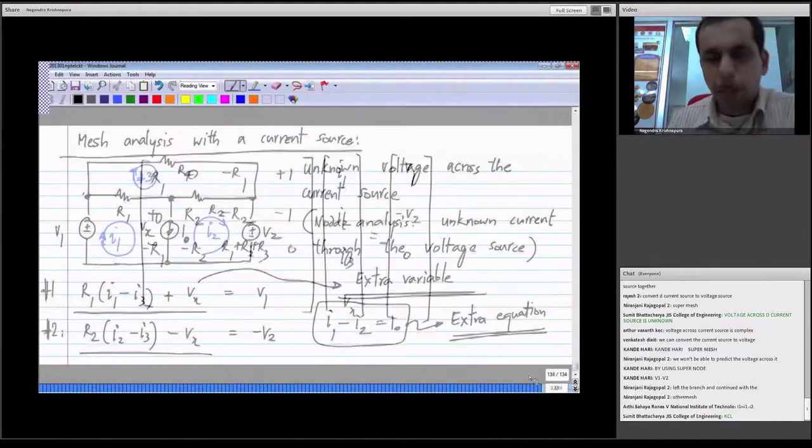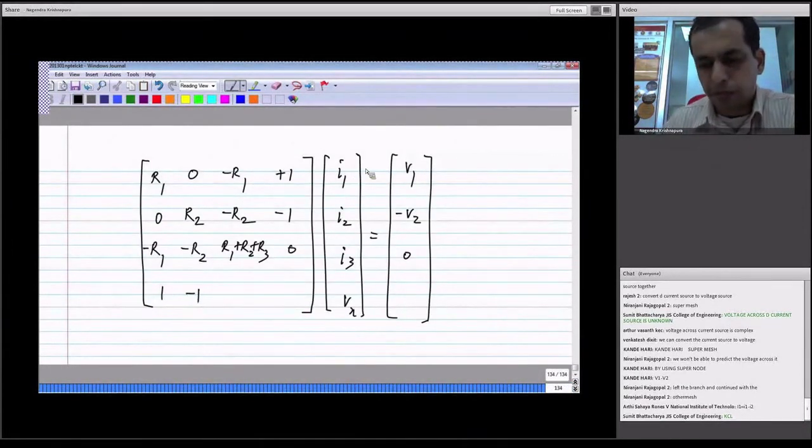So in my variable vector I have this extra stuff, and my independent source vector consists of voltage sources and the current source. And this matrix, which I will continue to call the resistance matrix, has resistances as well as some dimensionless quantities.